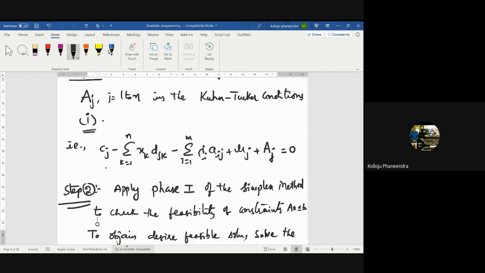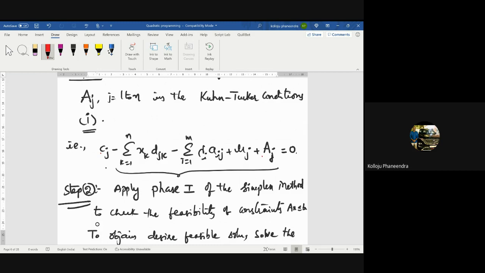Everything here, take this cj onto that side. Here plus Aj we are considering, and we are taking minus cj onto the right side, so there may be a confusion here.